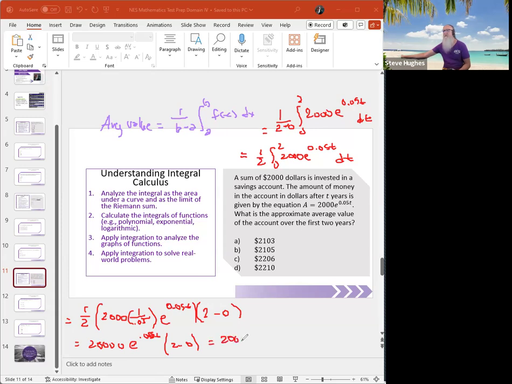That is 20,000 times e to the 0.05 times 2, right? Minus e to the 0, which is 20,000 times, grab your calculator again.